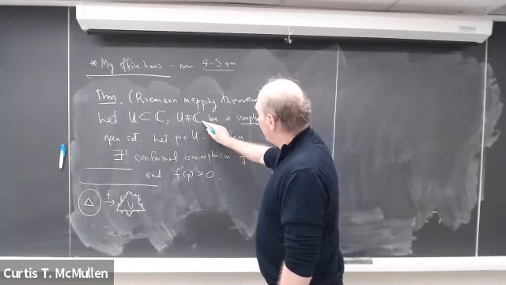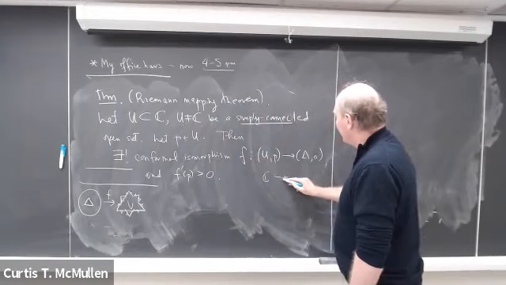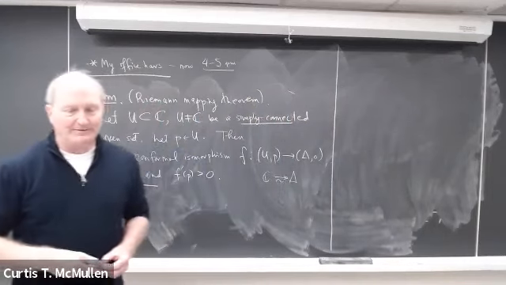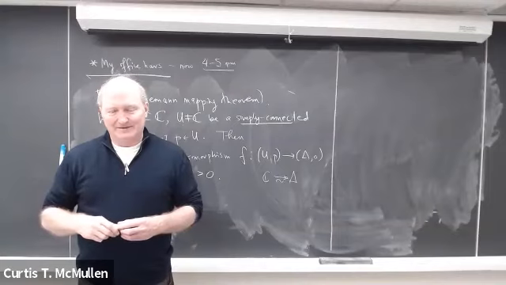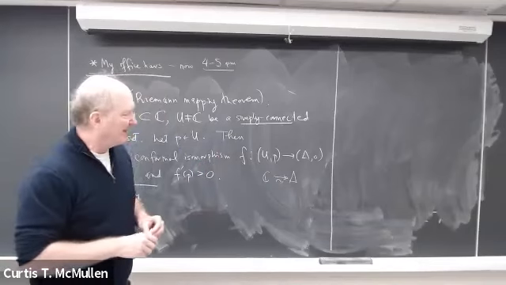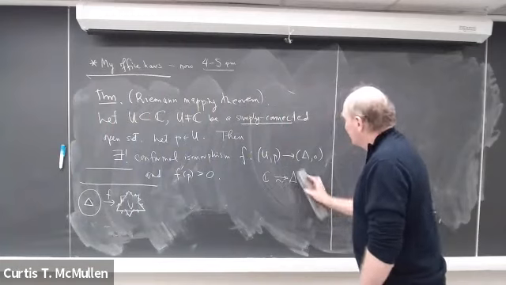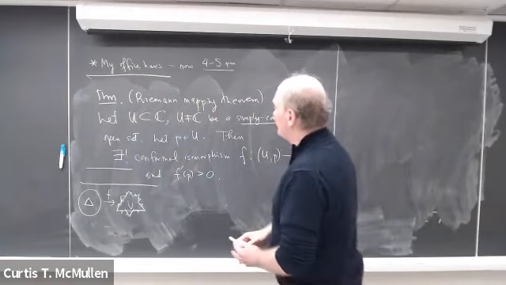Well, if U were the complex plane, I would be saying there's a map from the complex plane isomorphically to the unit disk. Actually, we know all the analytic maps from the complex plane to the unit disk. What are they? Constants. Every bounded analytic function is constant. So of course, this theorem is false for the complex plane, but it's true for all other regions.